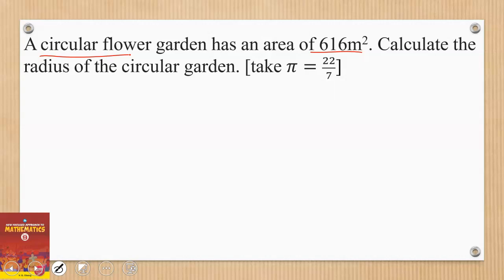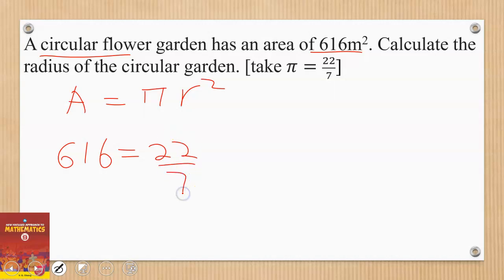So how do we find the area of a circle? We know the area of a circle is pi r squared. Now we know the area is given as 616, pi is 22/7, and the radius we don't know. So since we don't know the radius, we are going to make r the subject.